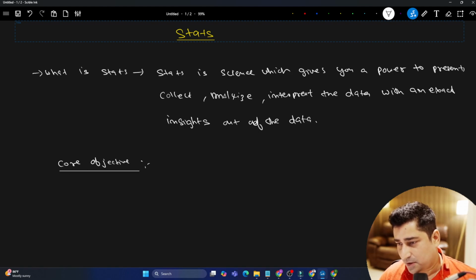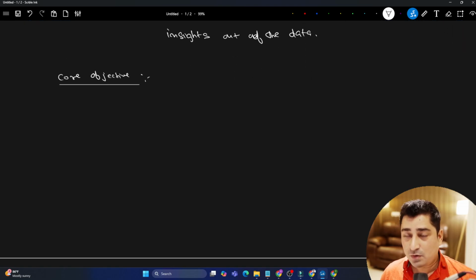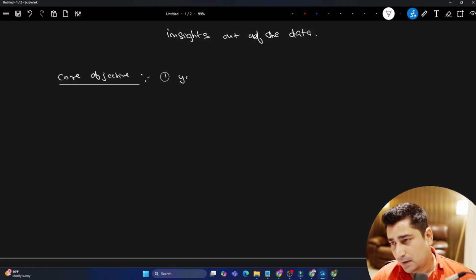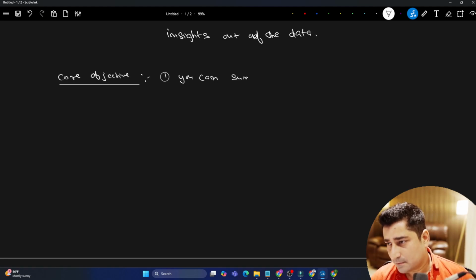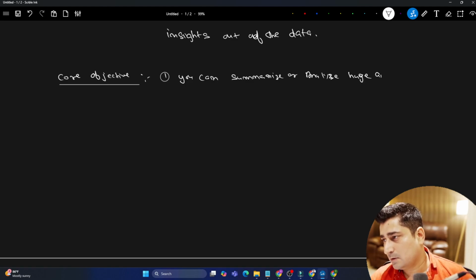of statistics, before even learning statistics, you are supposed to understand what kind of benefit I will be able to get if I'm going to learn or implement statistics. So the very first core benefit that you all will be able to get is that you can summarize or analyze a huge amount of data.